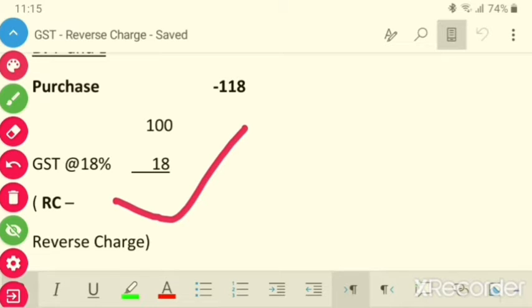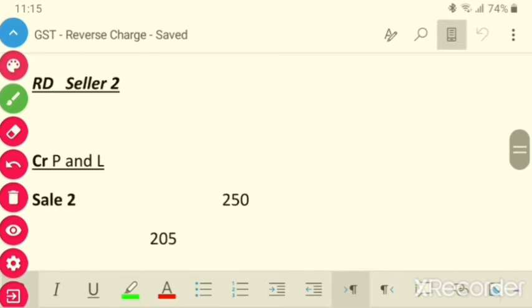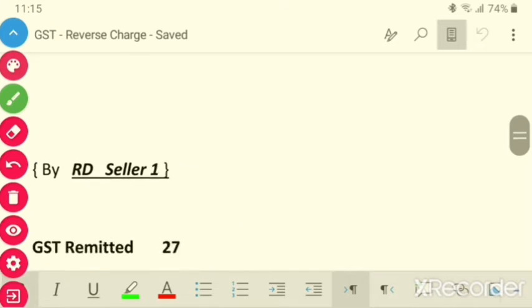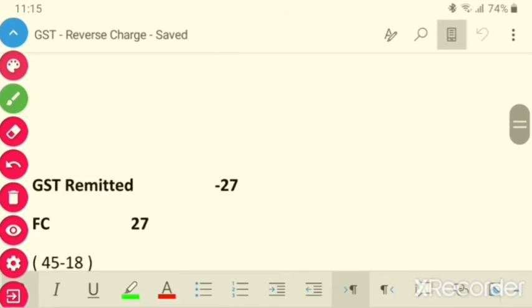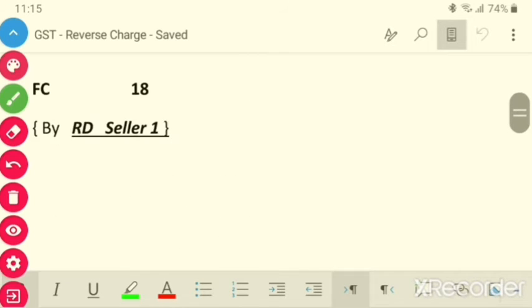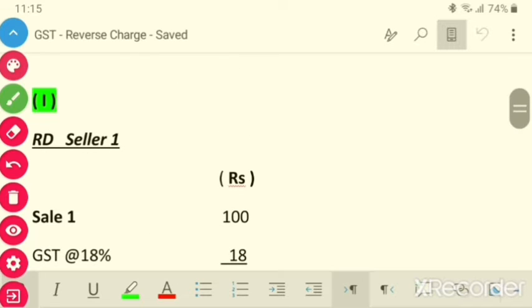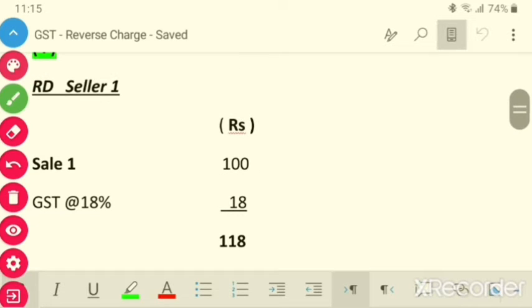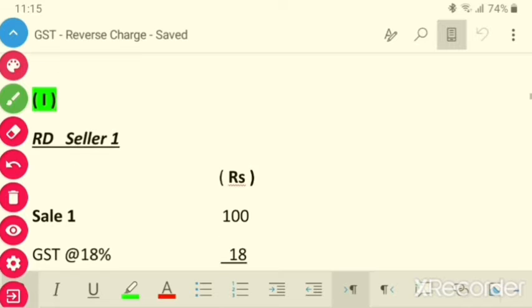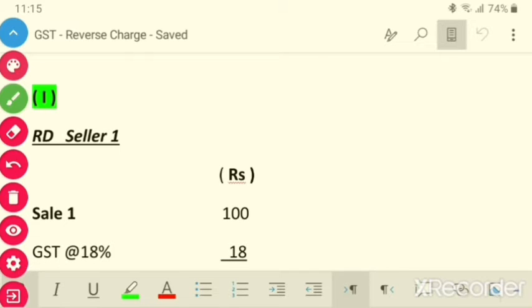See, if you look into the profit and loss account or income statement, in case 1, seller 1 would have collected 18% because he is a RD, registered dealer. That is case 1.